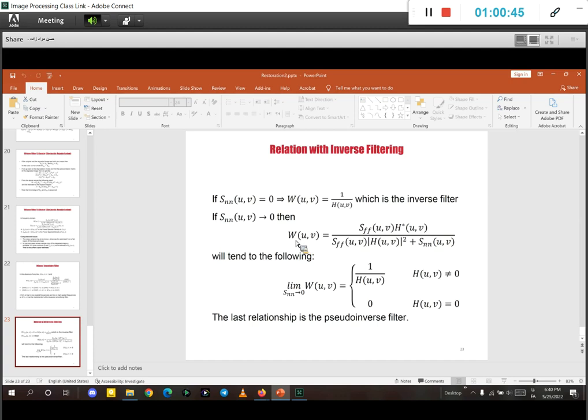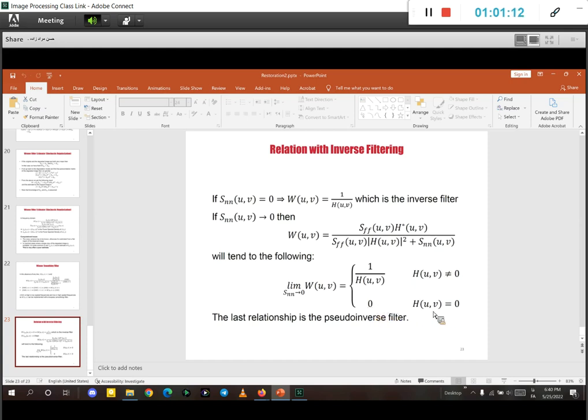This W tends to this item in the limit as noise tends to 0, for all H. Where H is small, the inverse filter is 0.